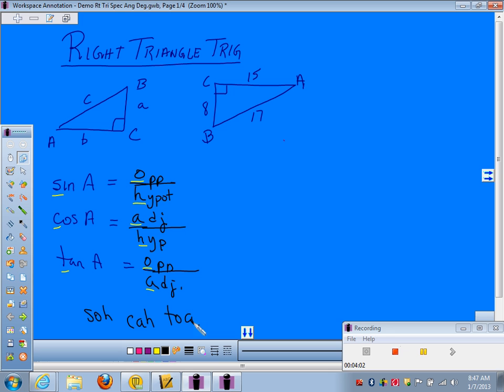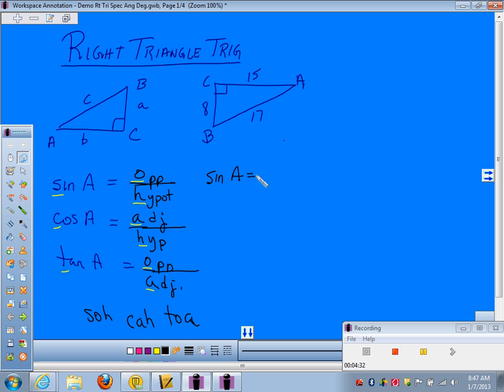All right. I want to take a look at triangle ABC I have over here on the right with the 8, 15, 17. That is a perfect right triangle, by the way. It's a perfect Pythagorean triple. And if I said to you, okay, what's the sine of angle A out of that particular triangle? You would look at it and go, sine of angle A is supposed to be the opposite side over the hypotenuse.